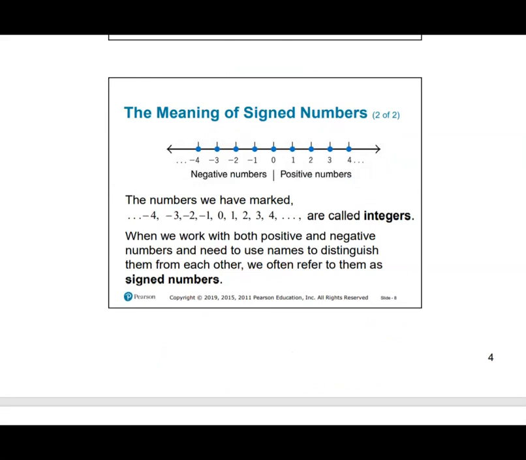The numbers we have marked, -4, -3, -2, -1, 0, 1, 2, 3, 4, are called integers. When we work with both positive and negative numbers and need to use names to distinguish them from each other, we often refer to them as sign numbers.